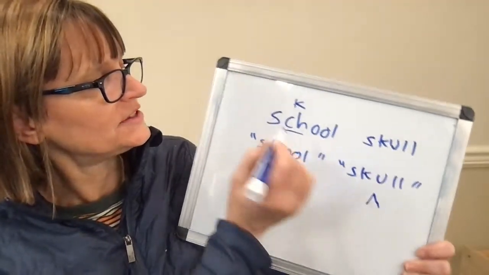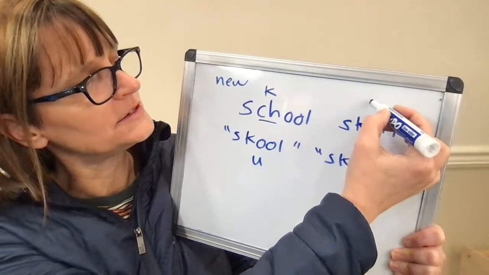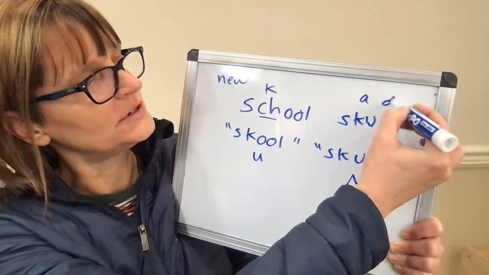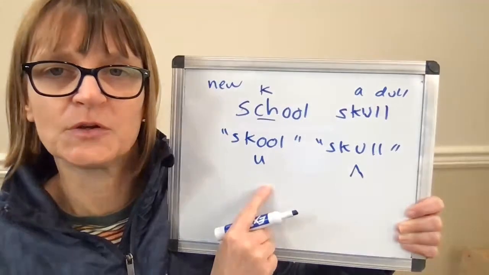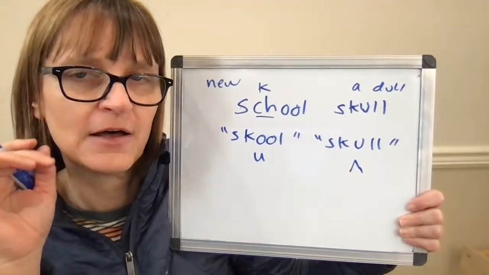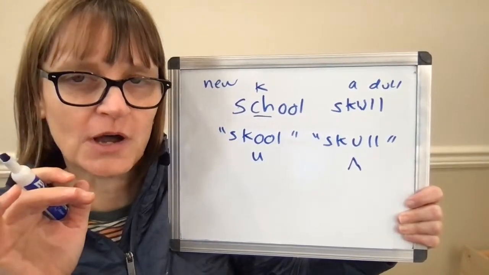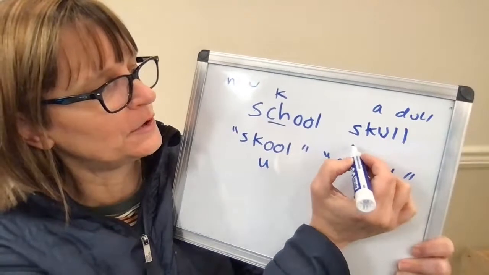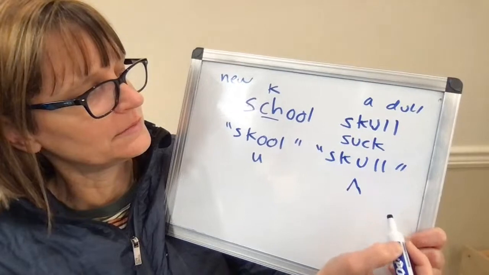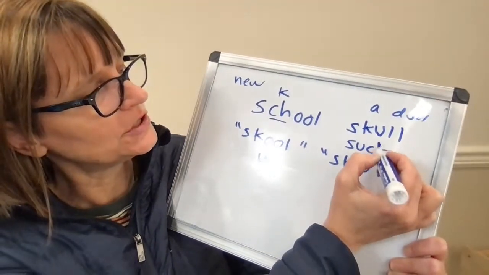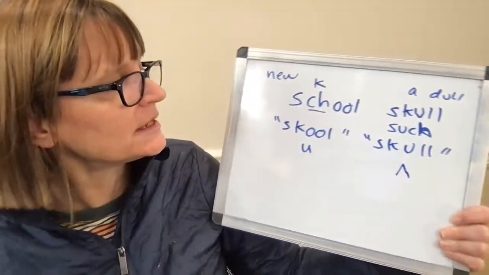So what I would try is saying maybe new school and a skull or dull skull. So the difference is that oo is rounded. It's a high back vowel, oo, and my tongue is just in the middle, very relaxed, in the schwa vowel. So you could also use a word like such, such, not suck. Such skull, for example, getting that sound to be consistent.